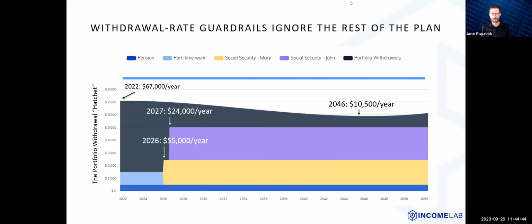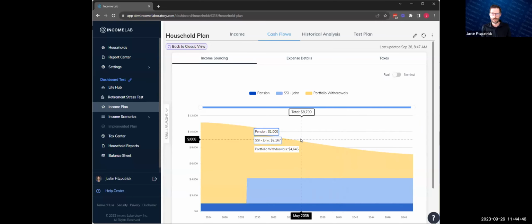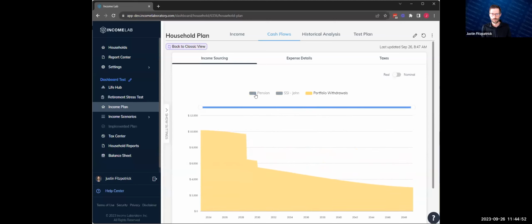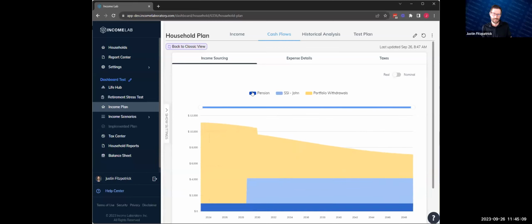So for example, it's not the same graph, but it's similar. Right here, I just have one Social Security that's delayed. If I take these out, this is what my portfolio withdrawals look like. That is far from a flat line, right? So what makes me think that I would have any rule of thumb that could apply across the length of this plan, and that I could apply to everyone's plan?